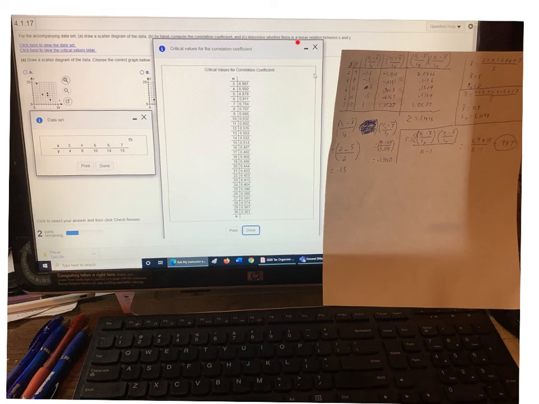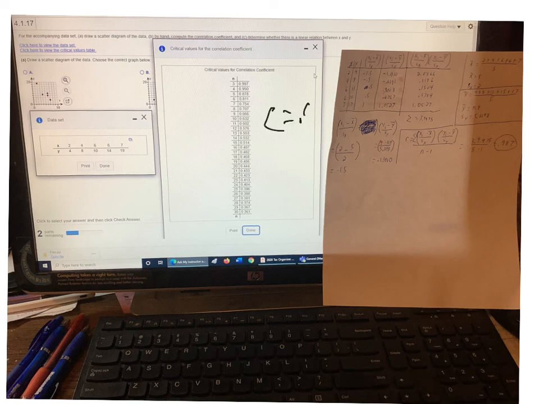Part C, determine whether there's a linear relation. What you want to do is compare R to the number in this table. N is how many pieces of data you have, and we have 1, 2, 3, 4, 5 pieces of data. So for us, I've been calling it C in class.